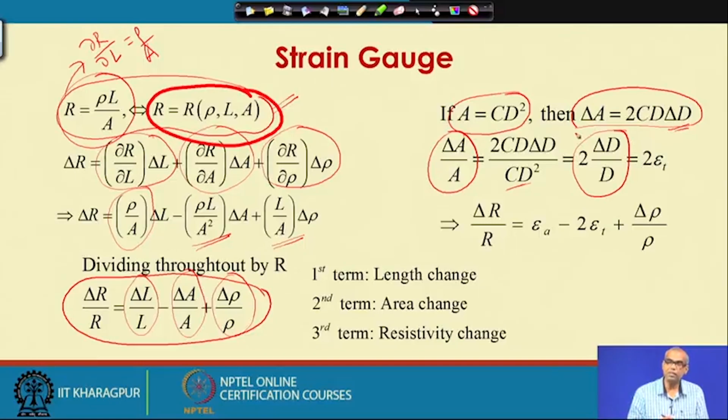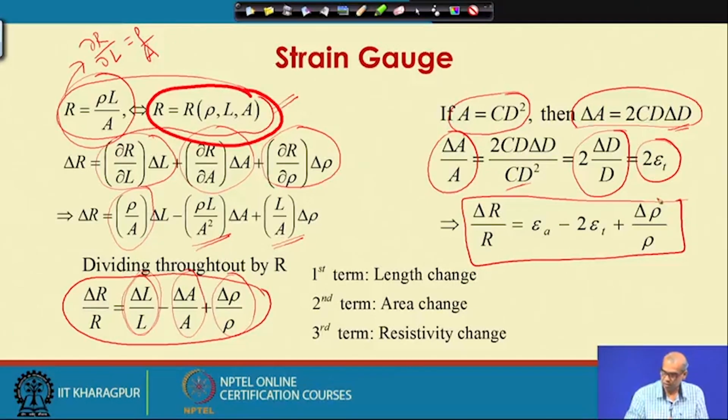Remember, delta d by d is transverse strain and delta L by L is axial strain. So, by putting these two values, I get delta R by R, which is fractional change in resistance, as axial strain minus 2 into transverse strain plus delta rho by rho, which is fractional change in resistivity.